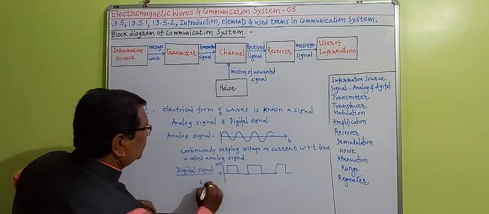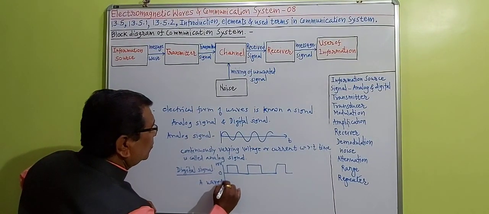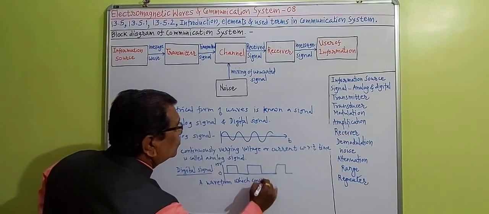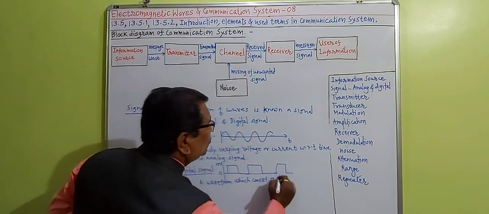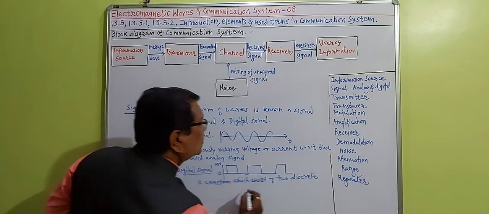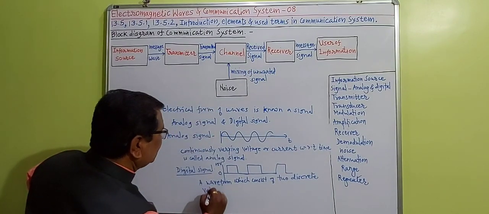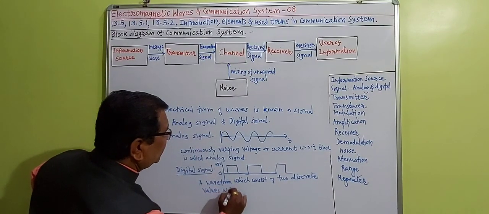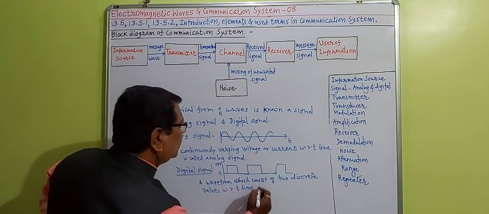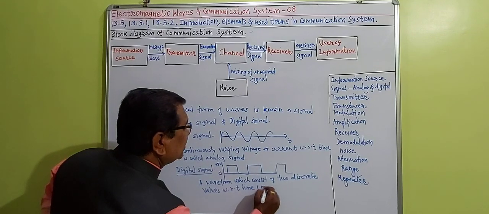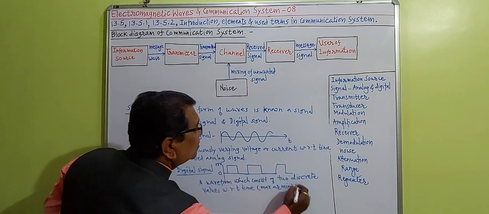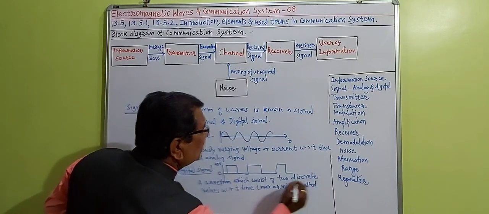A waveform which consists of two discrete values with respect to time, that is maximum or minimum, is called a digital signal.